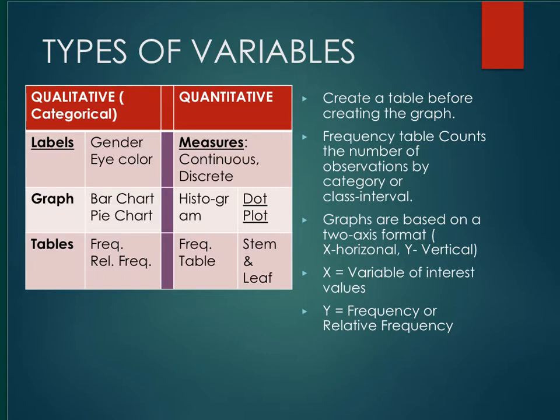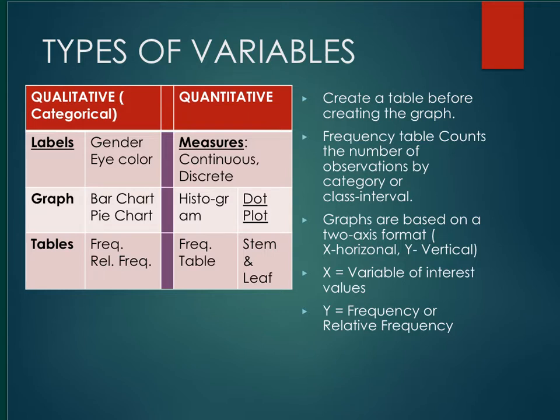They have certain labels associated with them. The graphs that we're going to be looking at for qualitative data are bar charts or pie charts, and we will create relative frequency tables or frequency tables prior to setting up the charts.